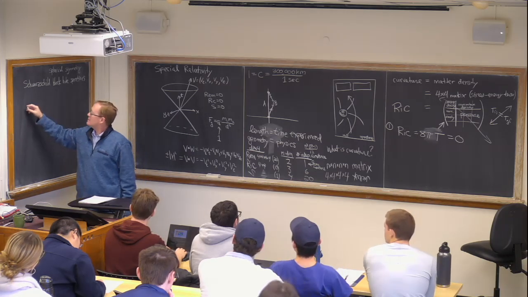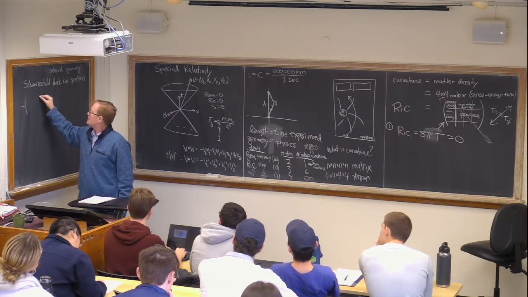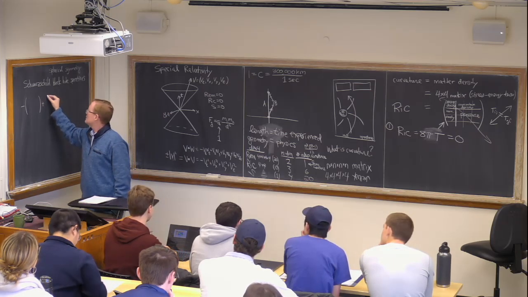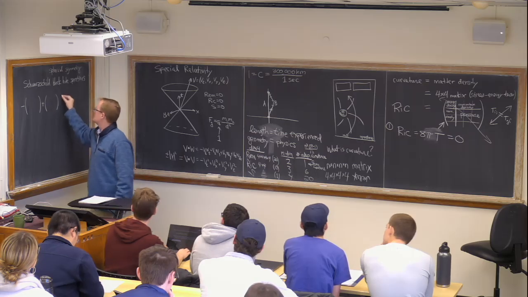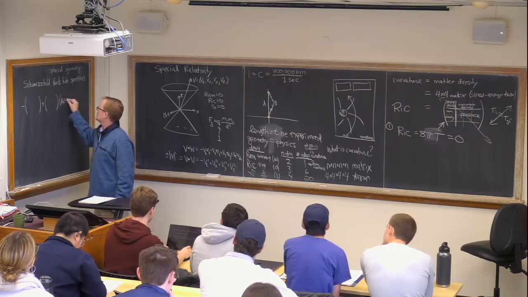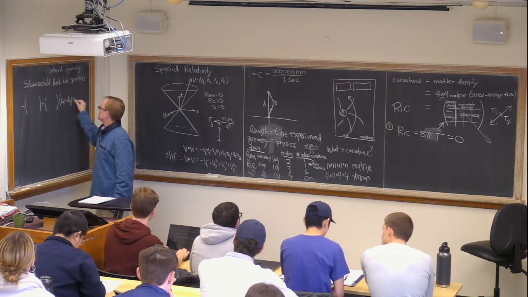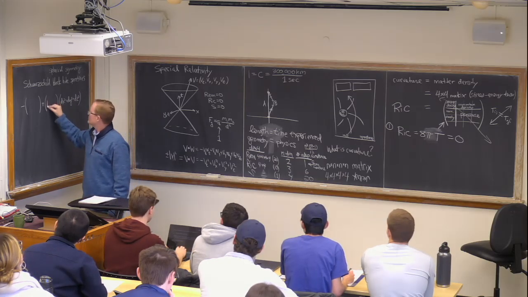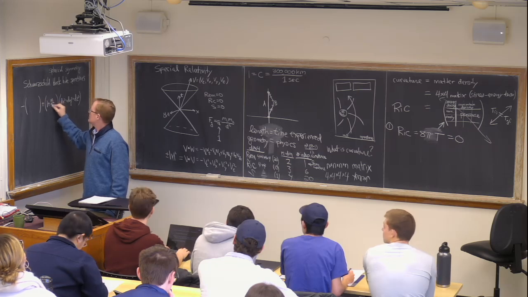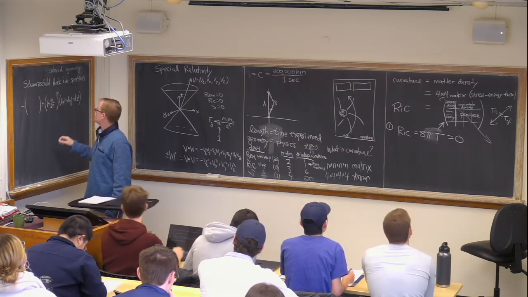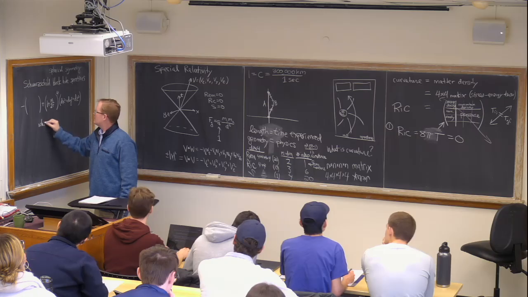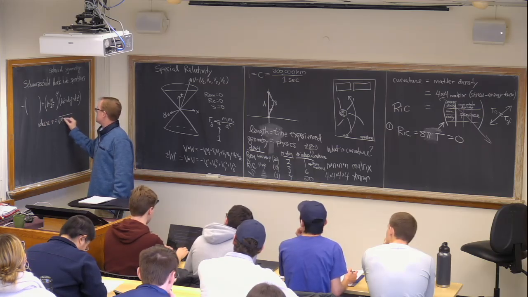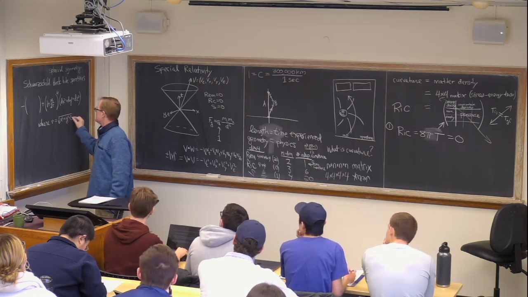And I can write down what the spacetime is. Let's see here. How do I want to do it? Where r equals the square root of x squared plus y squared plus z squared.